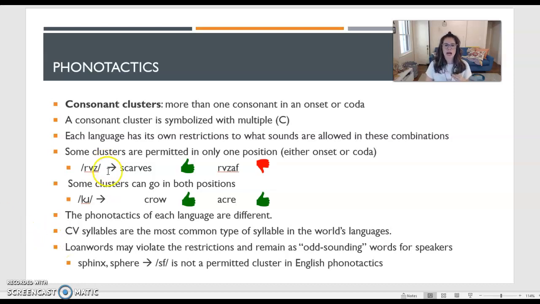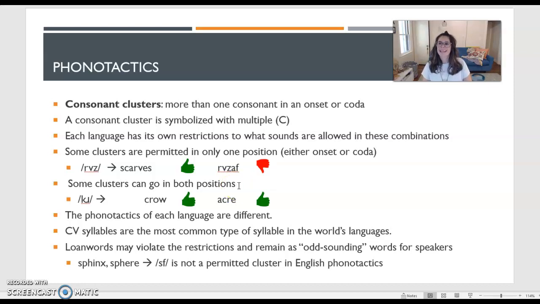So some consonant clusters are permitted only in one position, either the onset or the coda. So in this case, you have the consonant cluster ERVs. We can't start a word with ERVs, no? It has to be at the end of the syllable. Some clusters can go in both positions, right? Like cr, like crow, or acre, right?